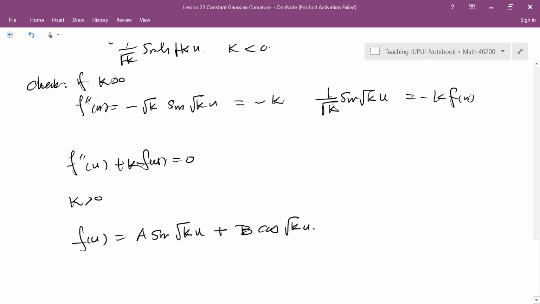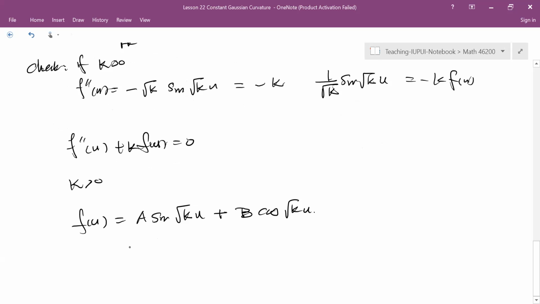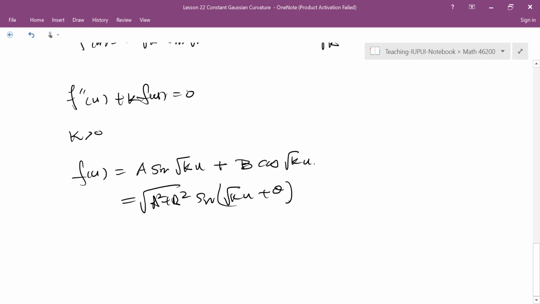That's a general form. And you can also combine it into one: square root of a squared plus b squared times sine of square root of k u plus another angle. That is another way to describe the solution.